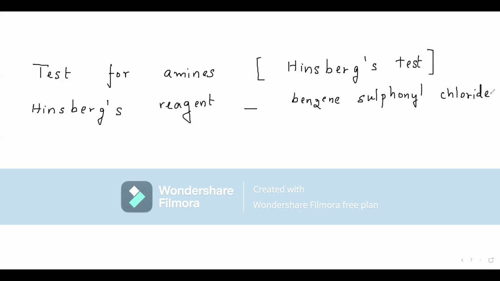So far in the ISC examination, such a question is not asked, like what is Hinsberg's reagent? But in competitive exams, there is a possibility of MCQs: which among the following is called Hinsberg's reagent? So it is better to study that Hinsberg's reagent is benzene sulfonyl chloride.